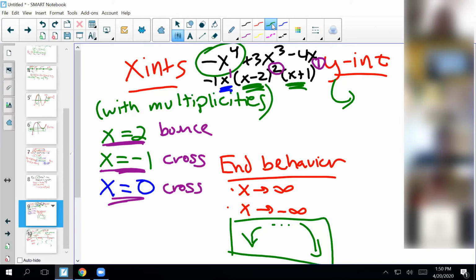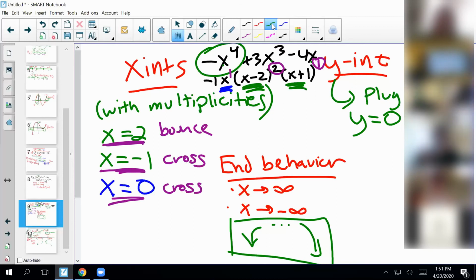Well, it's 0, right? Just plug in x equals 0. And when you do that, you get minus 0 plus 3 times 0 minus 4 times 0. It's just 0. So, y is not always equal to 0, but sometimes it works out that way. That's the y-intercept.